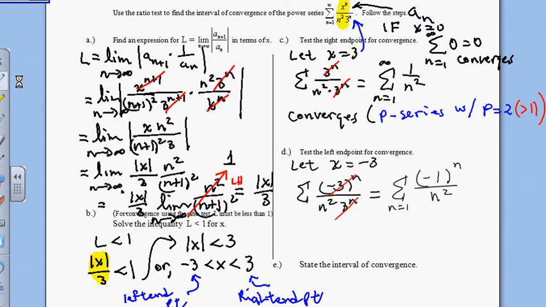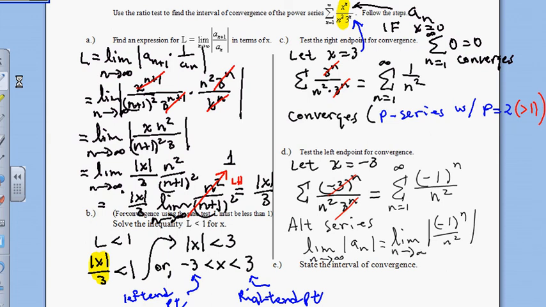This is an alternating series. If you take the limit of the absolute value of a sub n as n increases without bound, you will get 0.